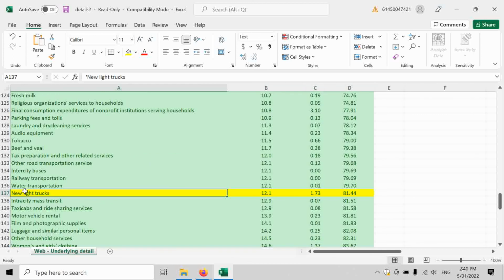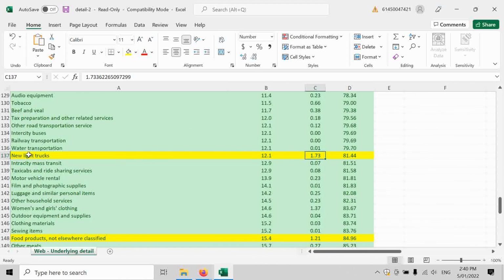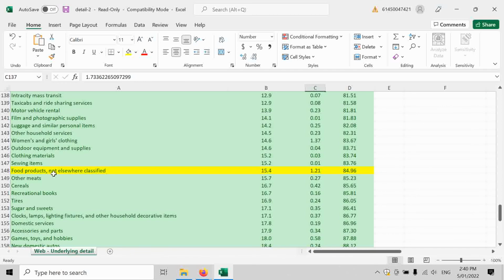Similarly, new light trucks, high inflation, high weight, excluded. New light trucks, high inflation, high weight, excluded.